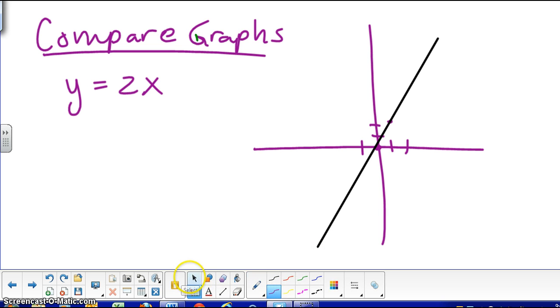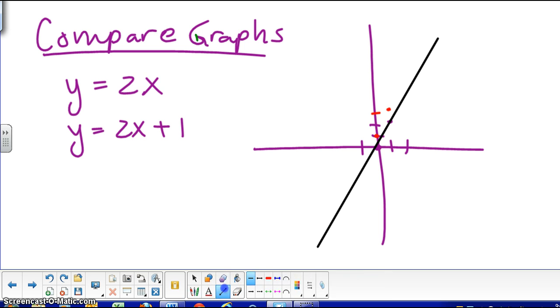And if we had y equals 2x plus 1, then this line, if we plot that, notice what happens. We can start at 1, because that's your y-intercept, and then go up 2 over 1. So here's our next graph.